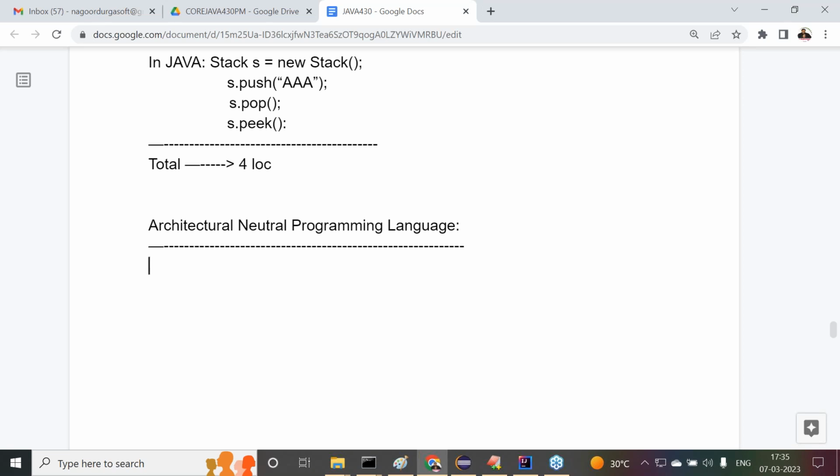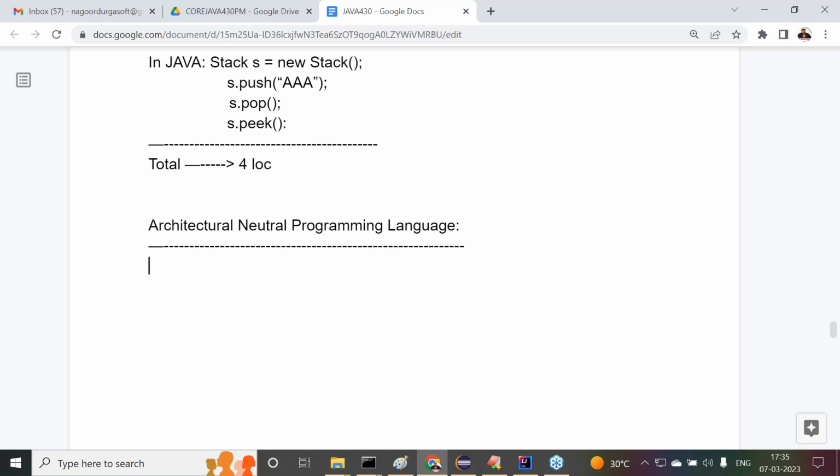In the same way, Sun Microsystems wants to prepare a new programming language. That new programming language should not be bounded with only one hardware component. It should not be bounded with only one operating system, one hardware device. It must be available for every operating system and every hardware device.